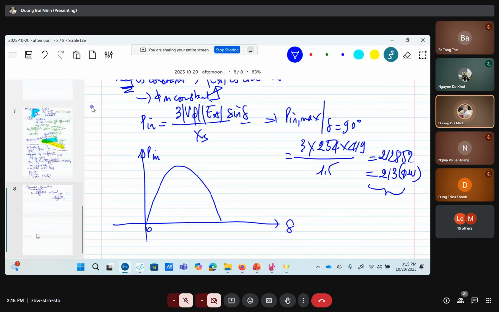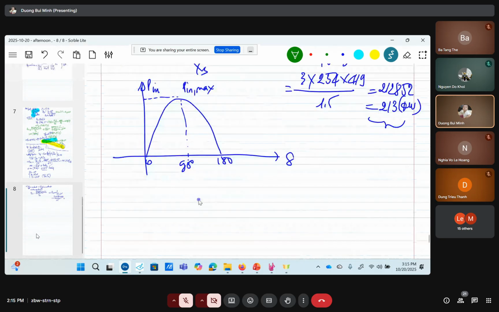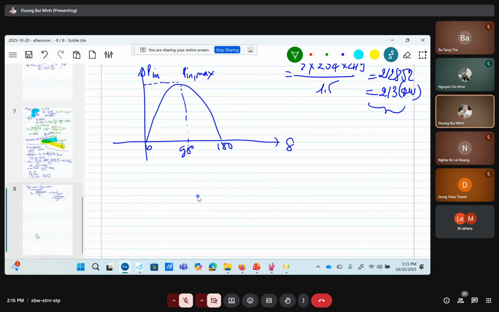So this is 0 degree, this is 180 degrees, and this one is 90 degrees. Then you get P in max. Here we have delta equal to 25 degrees, so 25 degrees is somewhere here.